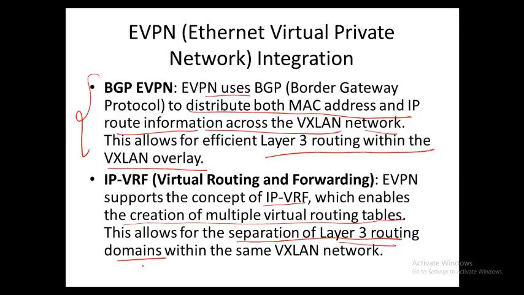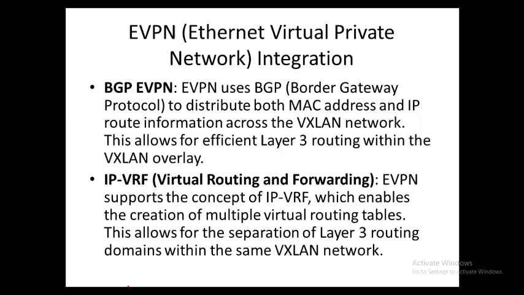Integrating layer 3 and layer 2 services. VXLAN can integrate layer 2 and layer 3 services, allowing a single VXLAN infrastructure to handle both layer 2 and layer 3. With EVPN, you can use a single VXLAN infrastructure to offer both layer 2 bridging as well as routing VPN services.